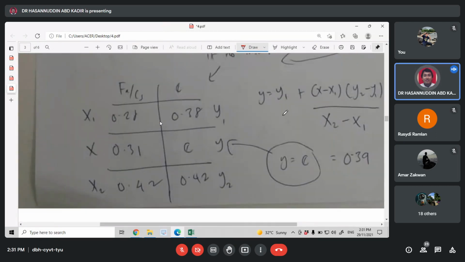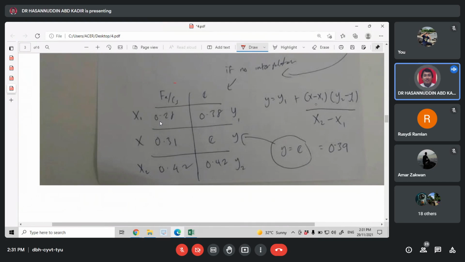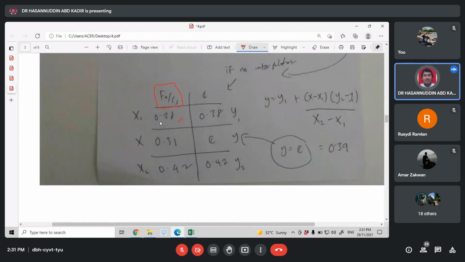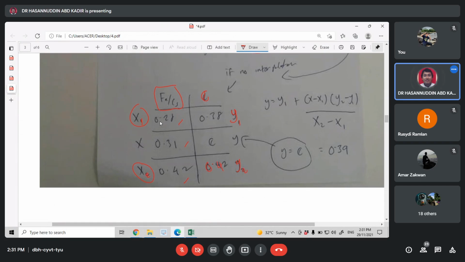This formula can be written like this. You know the value of FA over CS based on the table, between 0.28 and the 0.31 that we calculated, and then 0.42 from the table. These are X1 and X2 from the table, and this one we already calculated. We mark the topmost as X1 and this one as X2. For E we also put in 0.38 as Y1, and this one is Y2, 0.42 here.